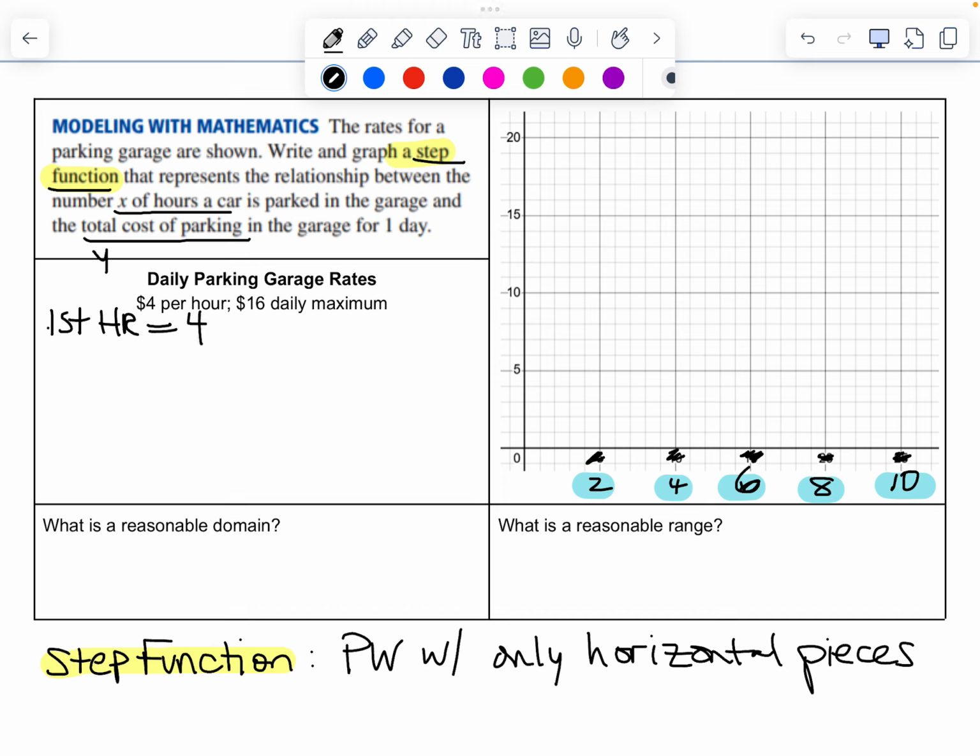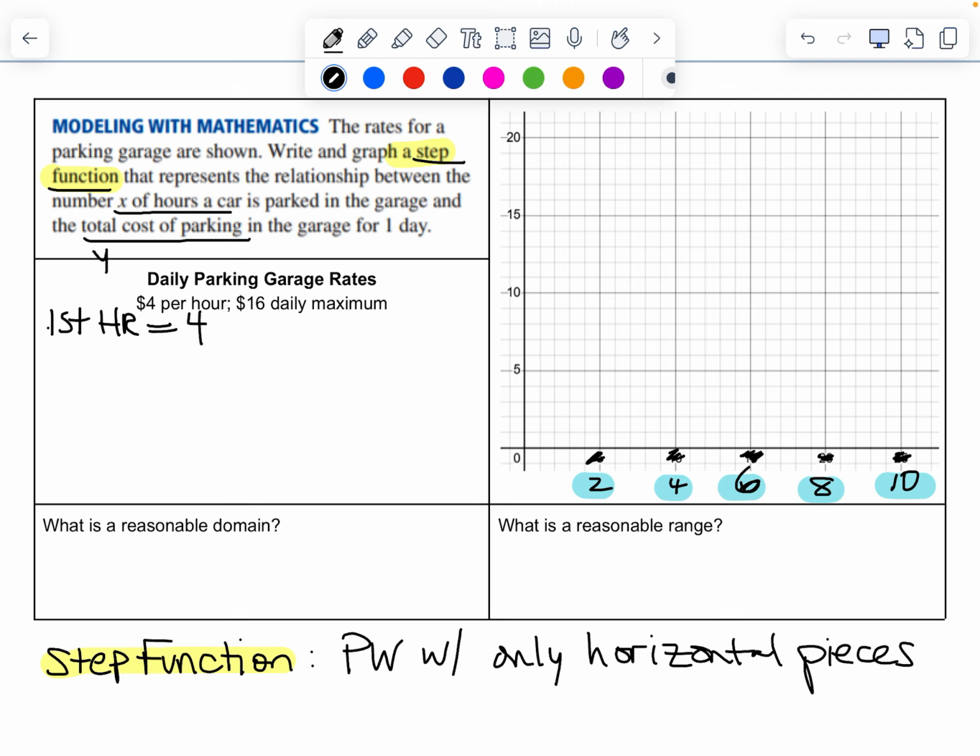For this problem specifically, if we're there for 15 minutes, 30 minutes, 45 minutes, anything in between, all the way up to an hour, it's going to cost us $4. Doesn't matter how many minutes, as long as we're from 0 to 1 hour, it's going to cost us $4.